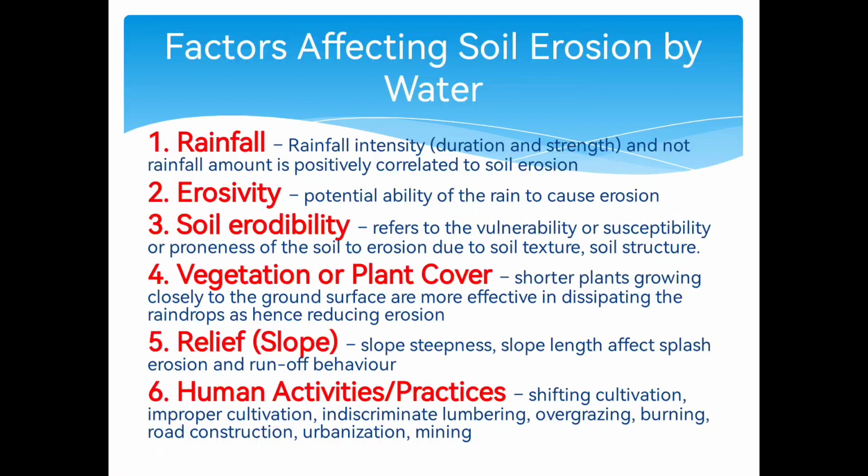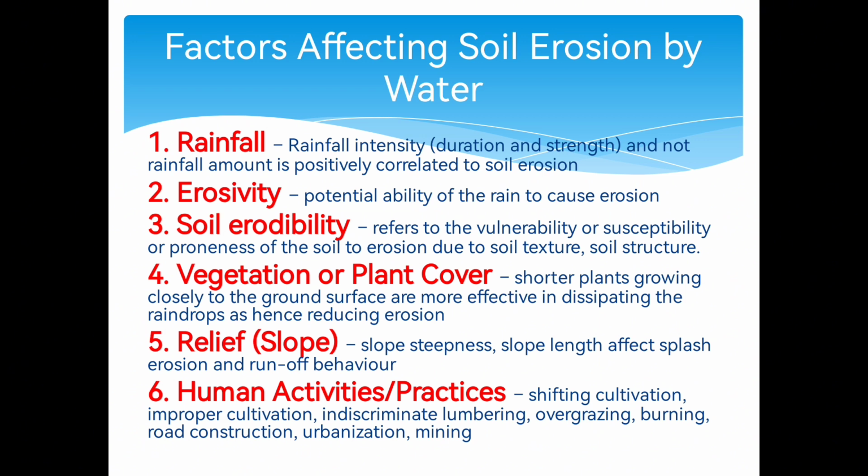And at the same time also, organic matter also plays a very important role. Kung ang lupa natin ay punong-puno ng organic matter, it also helps binding the soil. So, it holds the soil and through that, hindi siya ganun madaling ma-erode at saka ma-detach.